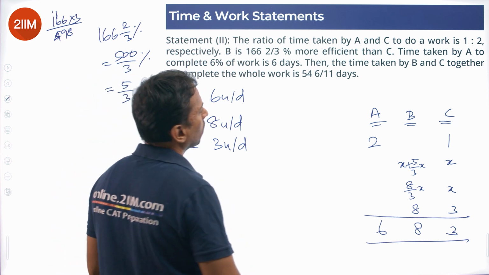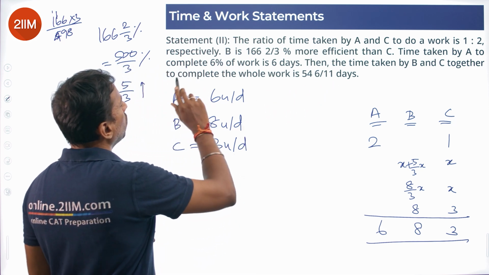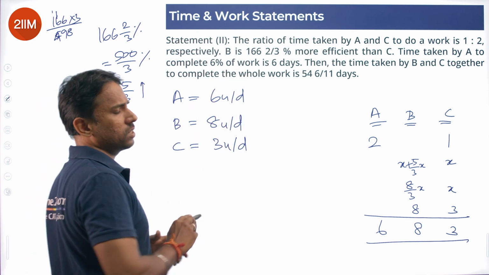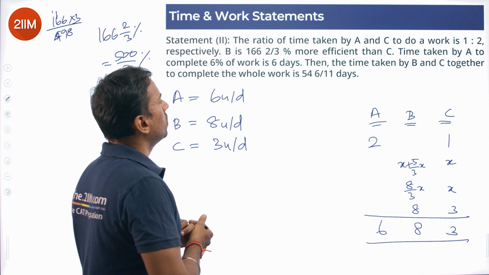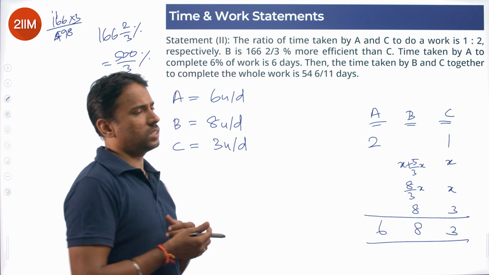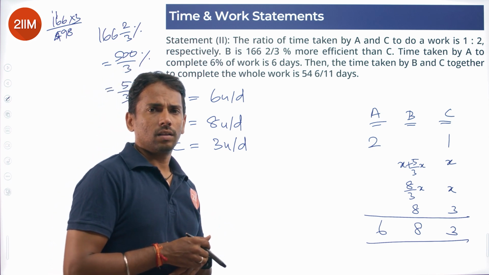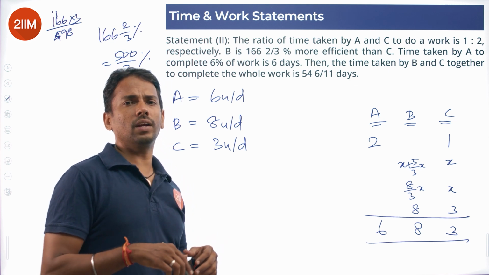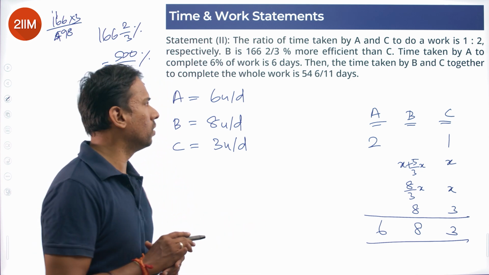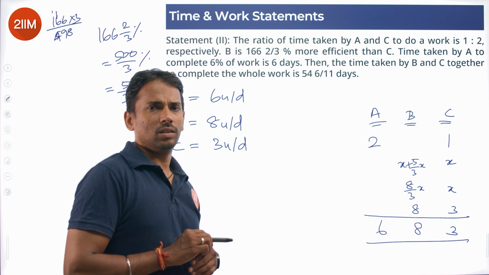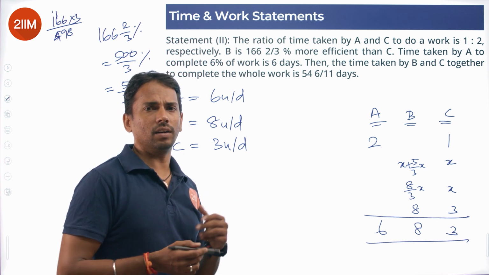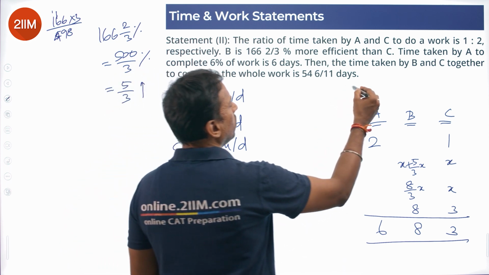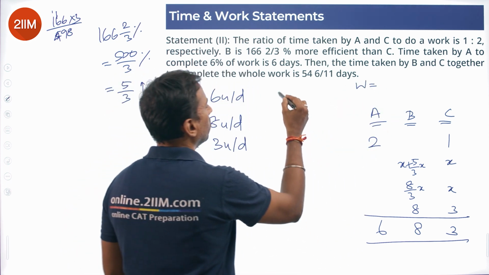Okay, yes. Continue. The time taken by A to complete 6% of the work is 6 days. Now A is doing some work. A is doing 6% of the work in 6 days. That means A would do 100% of the work in 100 days. That's all, simple. That means to finish the full work, A will take 100 days.